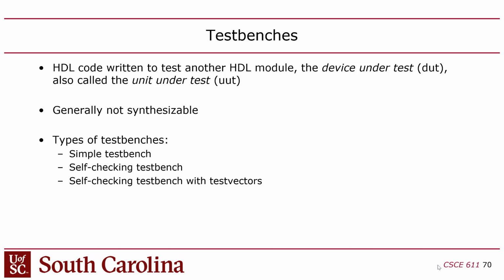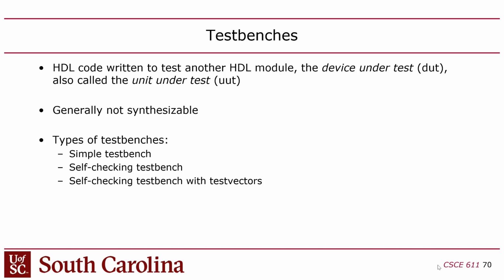Make sense? The testbench's job is to provide input stimulus to the design under test, and usually it also checks the outputs automatically. If there's an error, it usually prints an error message, and basically the testbench says, help, I need a human involved here, because there's an error and you need to fix something. The testbench won't fix the bug, but hopefully it'll notify you that there's a bug.